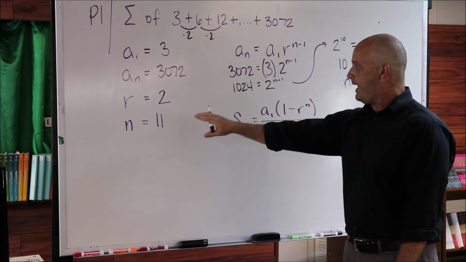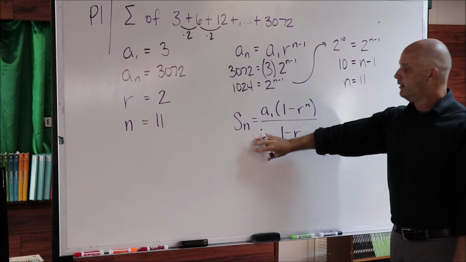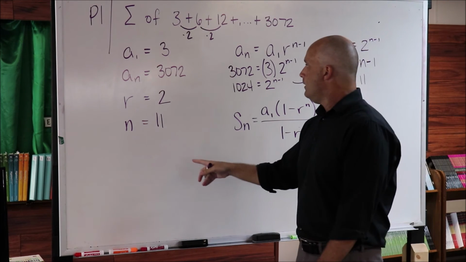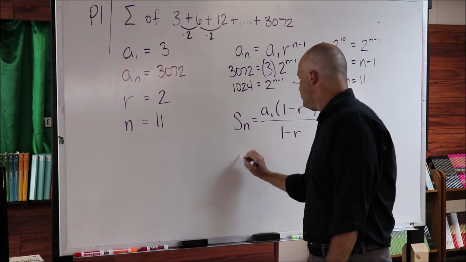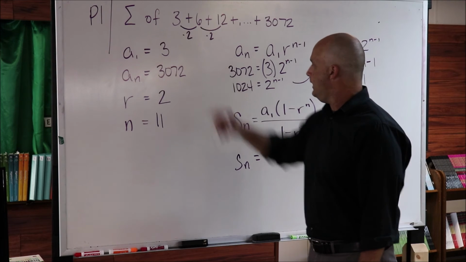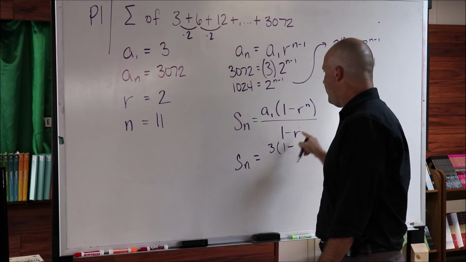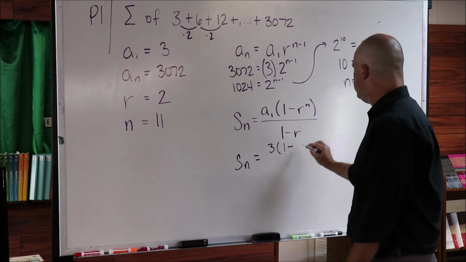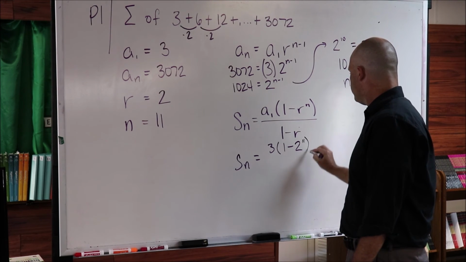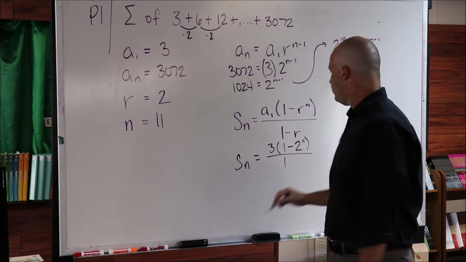Now that we've got that, we can take all of this information and plug it in here. And then you're just going to use a calculator to find the final answer on this one. So we've got the sum of this series is equal to a sub 1, 3, times 1 minus the common ratio of 2 raised to the 11th power over 1 minus r.